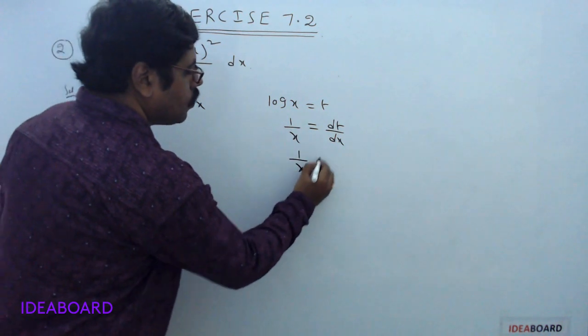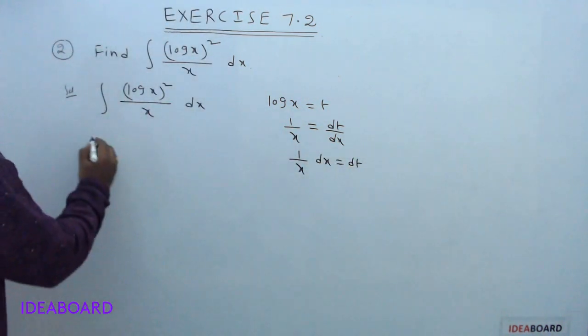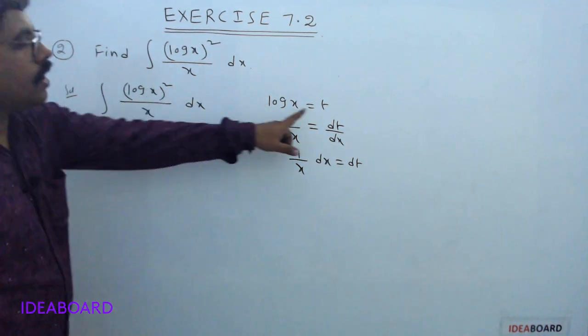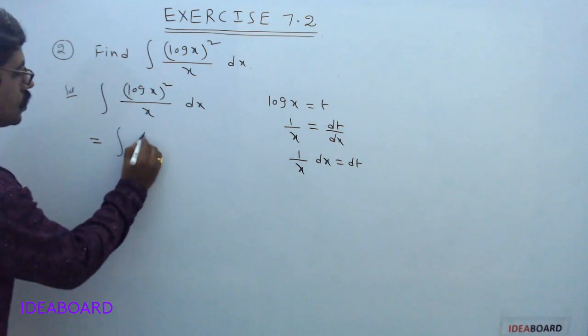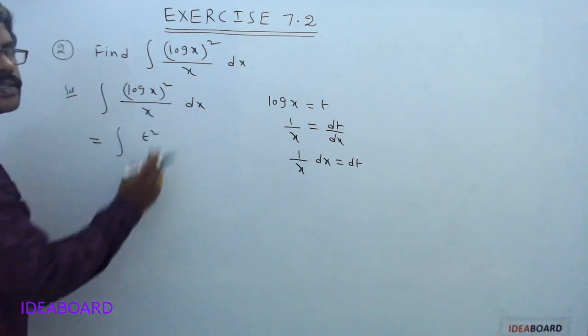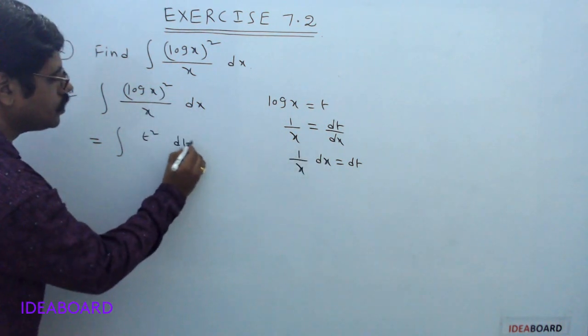From this, 1 by x into dx equals dt. Now this equals integral log x, and log x is t, so this is t square. Here 1 by x into dx, 1 by x dx is nothing but dt.